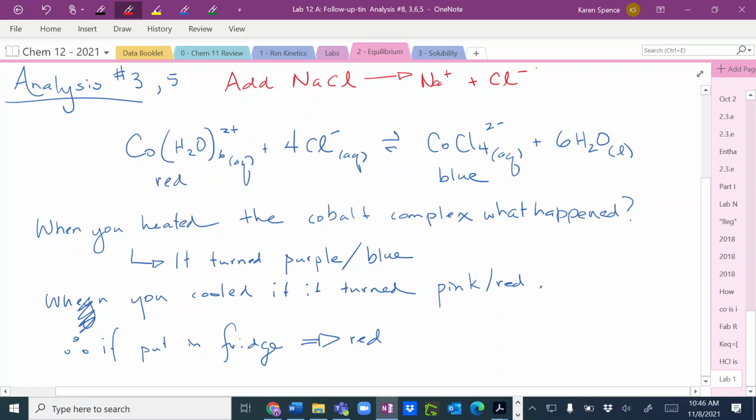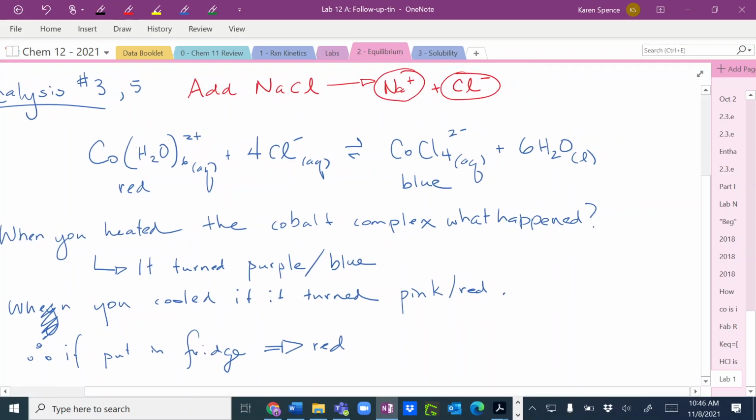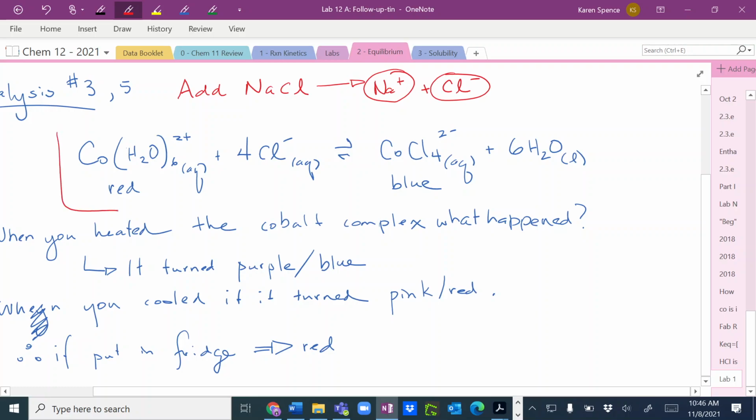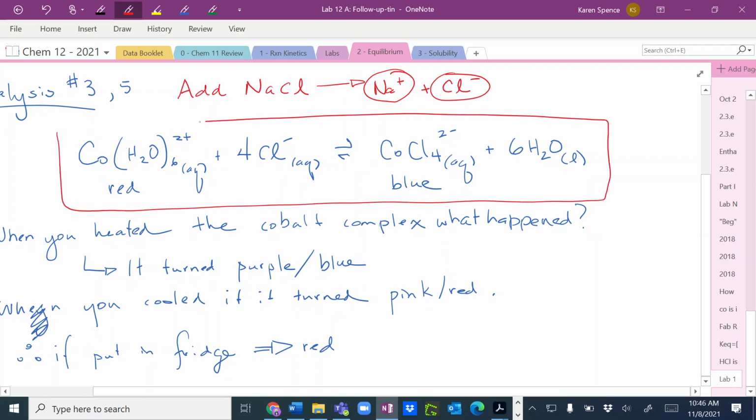So out of those 2 ions, which of those will have an effect on the equilibrium here? The Cl minus, okay, so it's the Cl minus. So what have we done to the concentration of Cl minus? We added NaCl, so the concentration of Cl goes up.